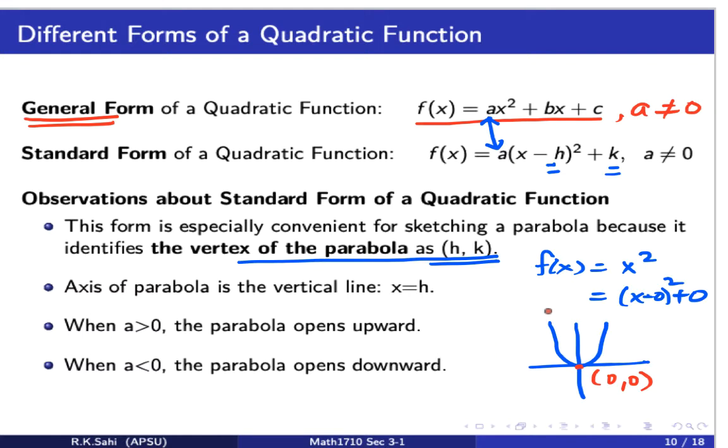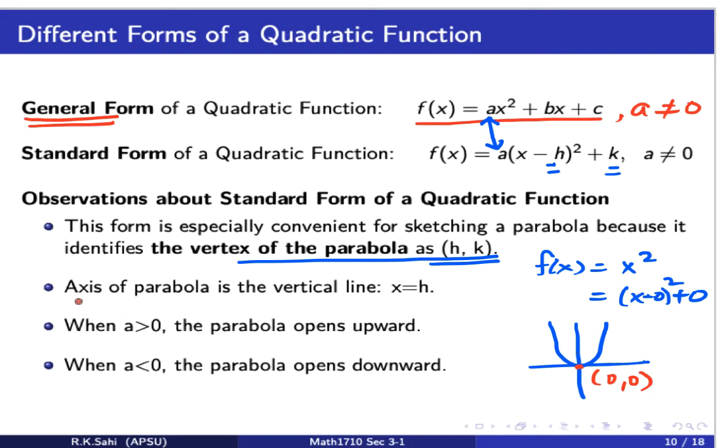So it's much more easy because we just have to look at two things when we are sketching a quadratic function if we have it in the standard form. Is the coefficient positive? And what are the vertex coordinates? Once we know that, we are basically able to have a rough graph of our quadratic function.